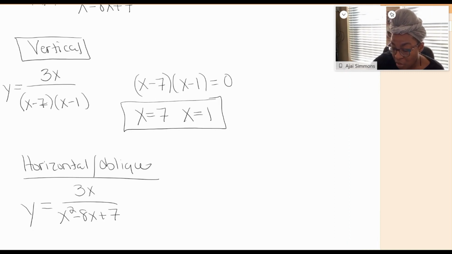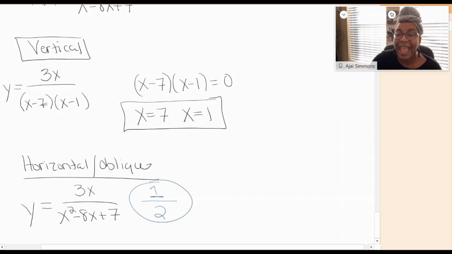The degree of the top is going to be 1. The degree at the bottom is going to be 2. This is going to be a proper fraction, because the top is smaller than the bottom.